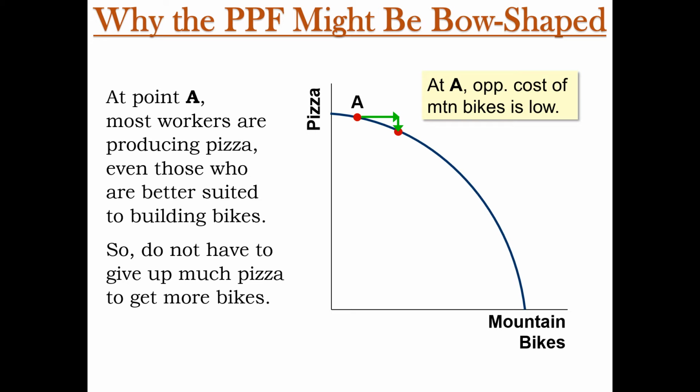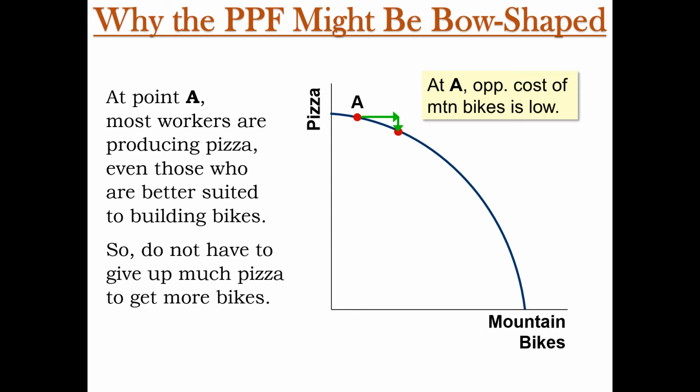And let's think about the other half of our workforce, which is actually really good at making mountain bikes. They have the technical know-how, and they're good at working with their hands, and they're good at engineering and so on and so forth. And they just have the human capital and the skills and the traits that make making mountain bikes easy for them. Okay, but it also means that maybe they're not so great at making pizzas.